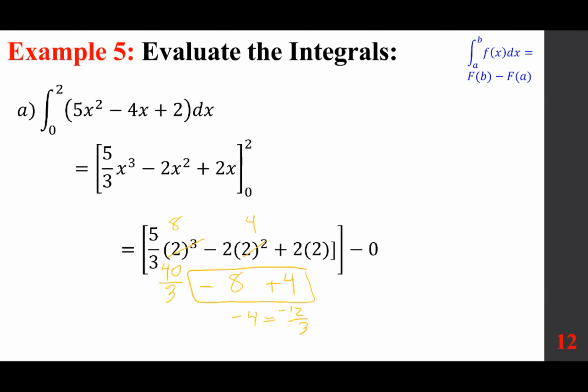Minus 4 is negative 12 thirds. With 40 thirds becomes positive 28 thirds. I'm going to move on.